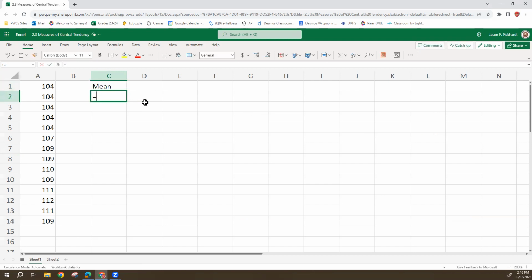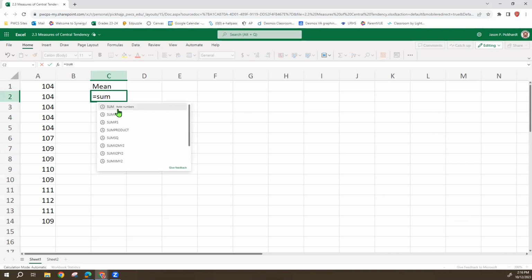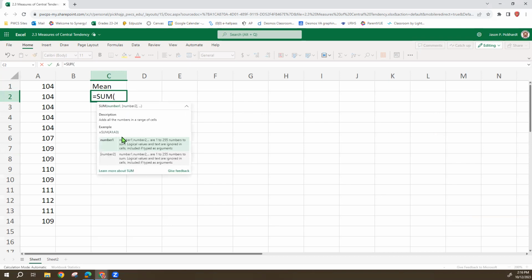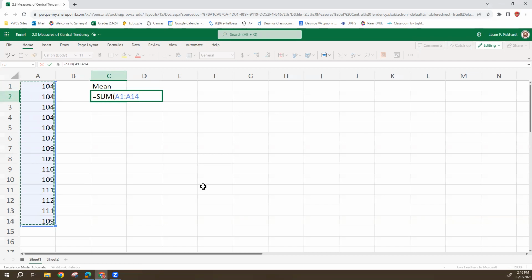In this cell, we can hit the equals key, and then we can type the word sum, and you can see that it gives us an option, sum adds numbers, and it'll give us a parentheses, and then we can highlight all of our data points, close the parentheses. When we do a mean, we're adding everything up and dividing by the total we have.